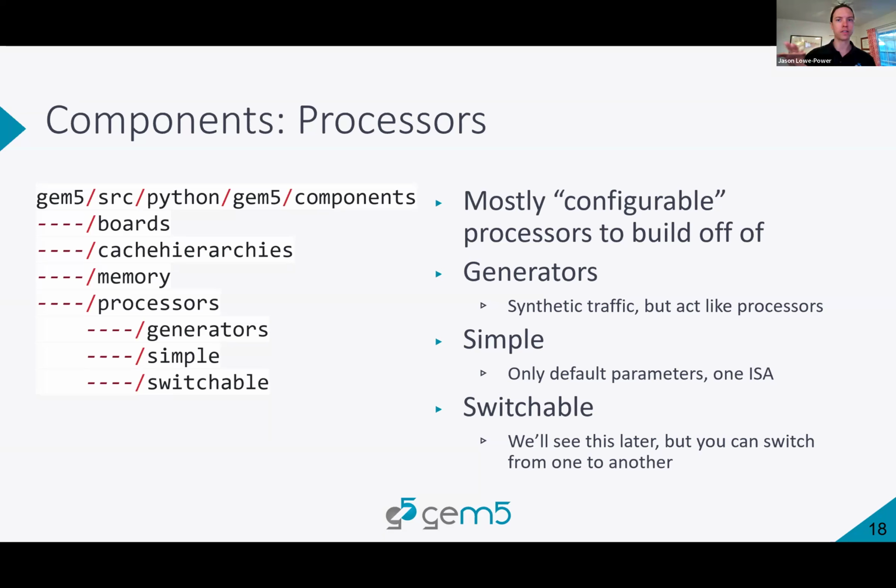So you can test your cache hierarchy or test your memory using these generators. We also have simple processors, which have a bunch of default parameters, specify one ISA, but are not particularly easy to specialize. We'll see how to specialize a processor in a minute. And then we have a switchable processor, which we'll see more on later, but allows us to switch between different processor models dynamically while we're simulating.